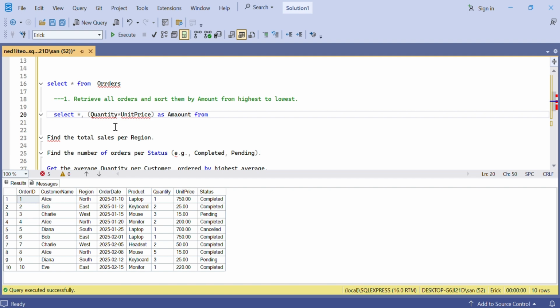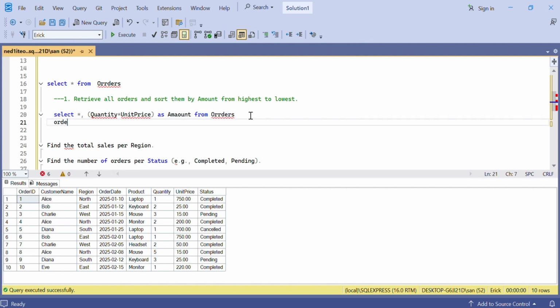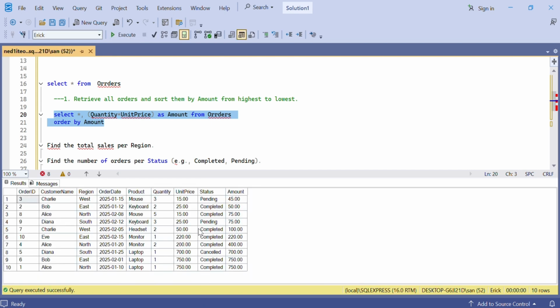from the table orders. And then we order this data, ORDER BY amount. Since we are ordering from highest to lowest, we will put DESC, descending.